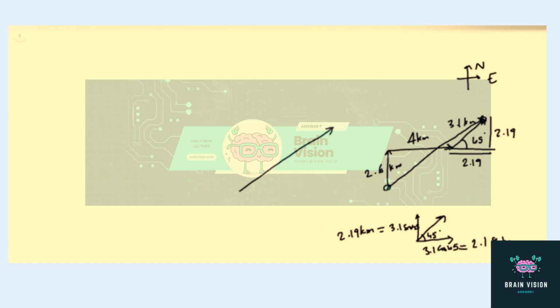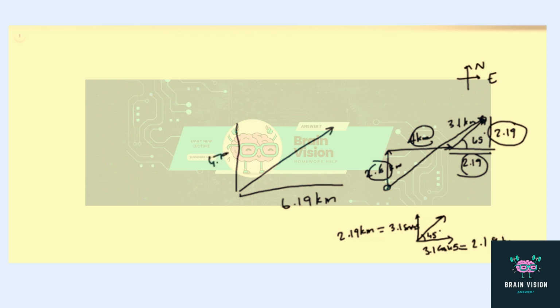Now, we can see that if this is the final displacement vector, its x component is the sum of 4 kilometers and 2.19 kilometers, which would be 6.19 kilometers. And its y component would be 2.6 kilometers plus 2.19 kilometers, which would make it 4.79 kilometers.